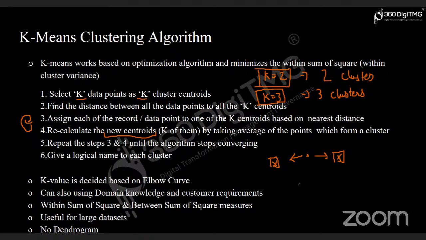Once these data points stop converging, then you determine the ideal number of clusters. This convergence stopping is very important. Without it, you might have a scenario where the data points are constantly moving and you're never able to determine the ideal number of clusters.